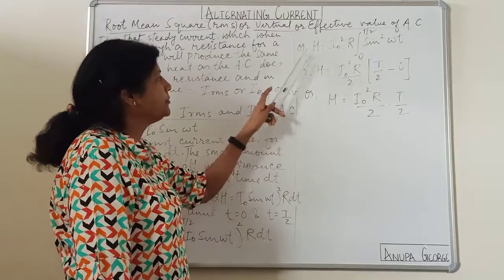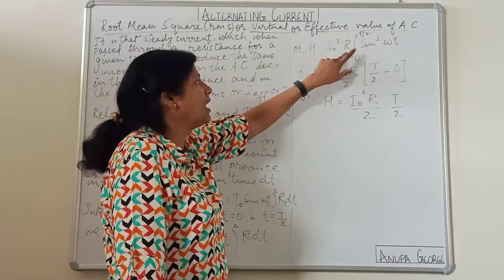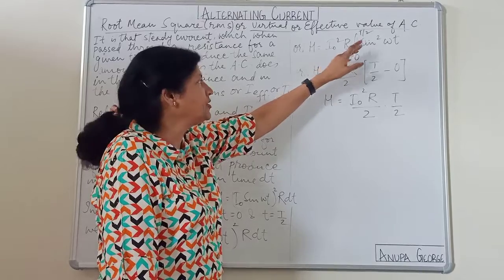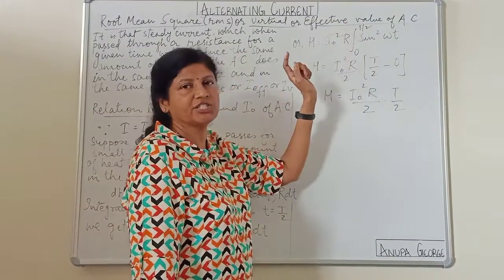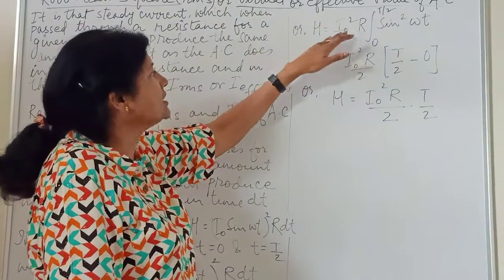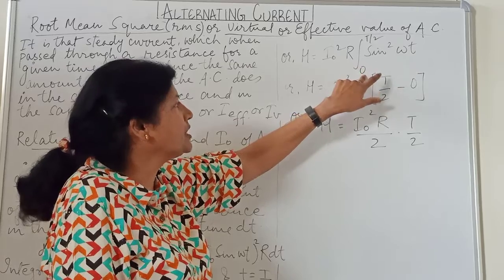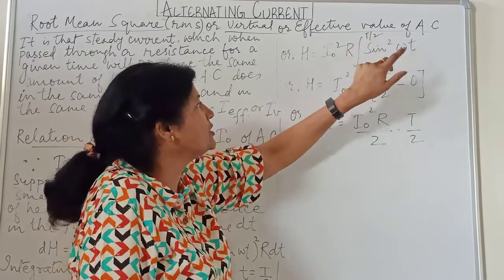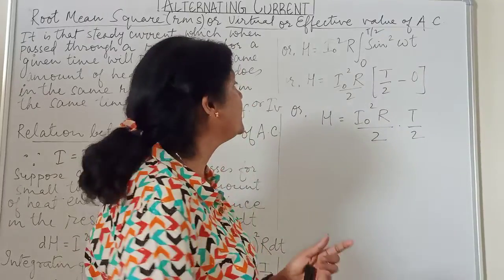Here I naught square R being constant, we can take it out of the integration sign. So we can write I naught square R, integration with limit 0 to T by 2, sine square omega t dt.